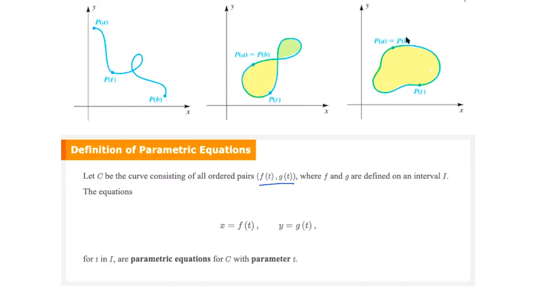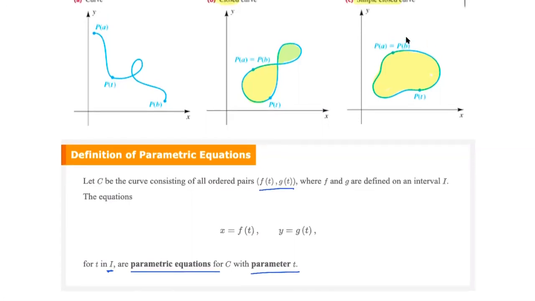Or it could even be all real numbers, for the expanse of time. We would say these equations are x equals f of t, y equals g of t, for all t in the interval. And these are called parametric equations. And the parameter is t.